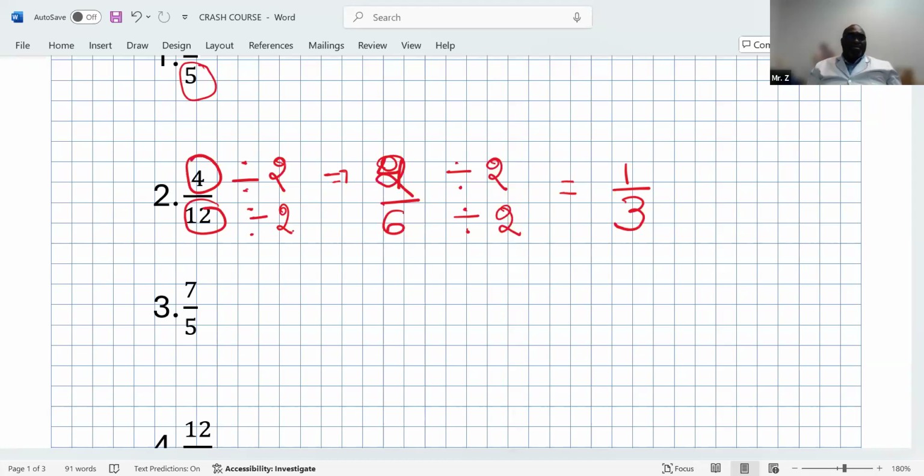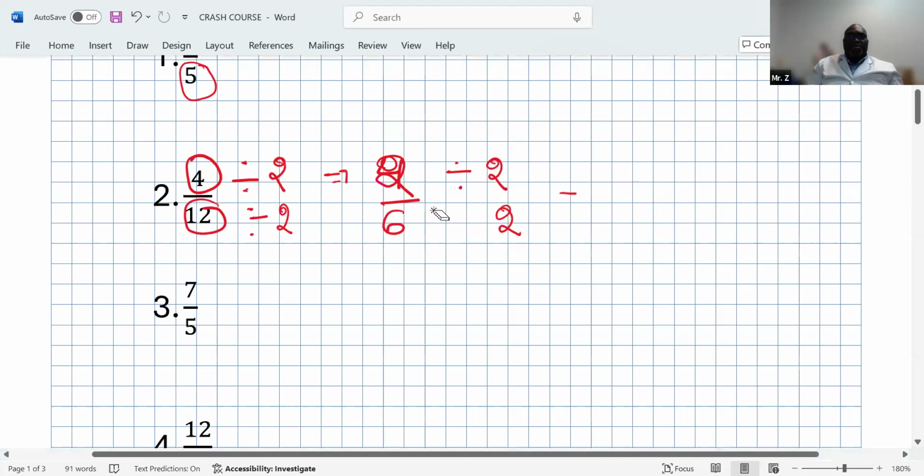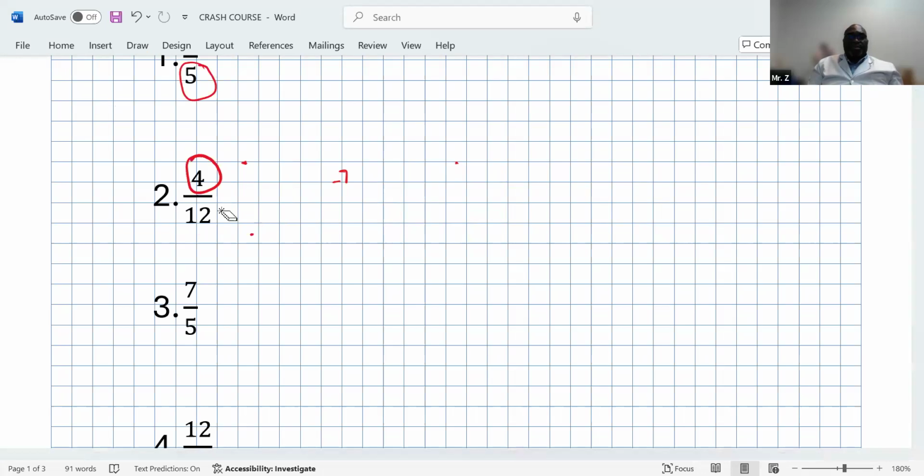But just be mindful, you could divide this by 4 and that by 3 as well.